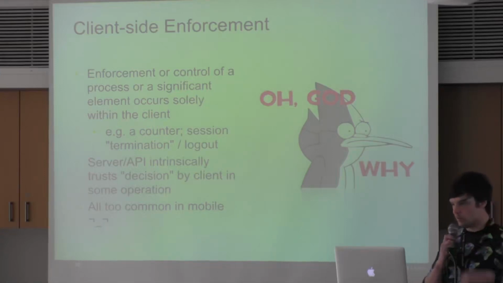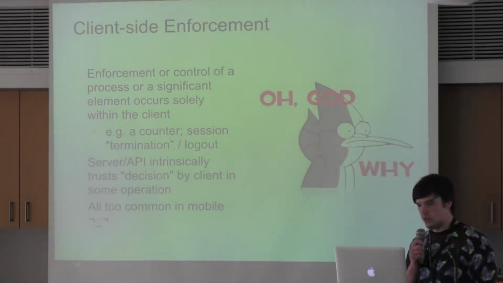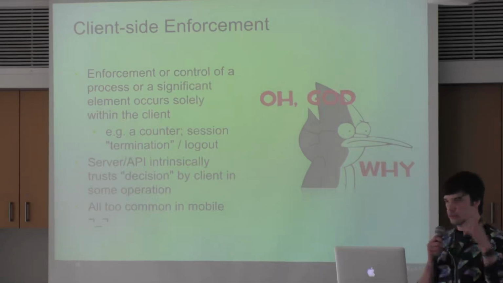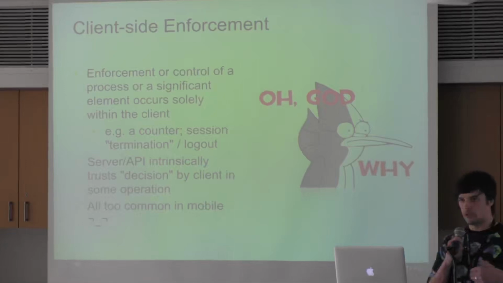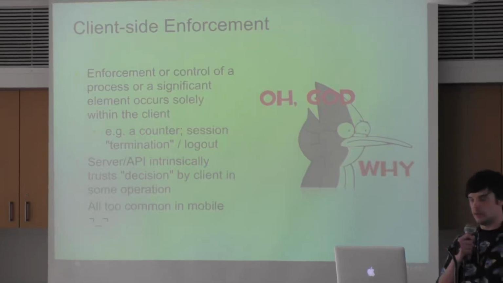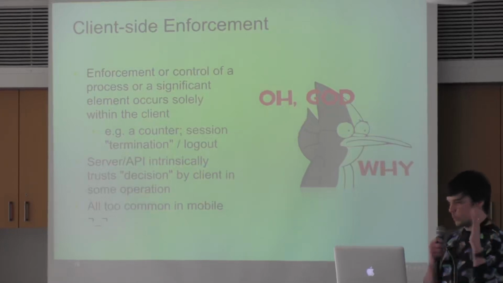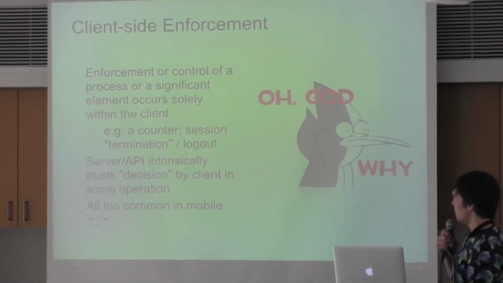This is obviously not news to most of you, but another thing might be client-side enforcement of a logout, or termination of a session against a given service or API. That's OWASP 101 type stuff.